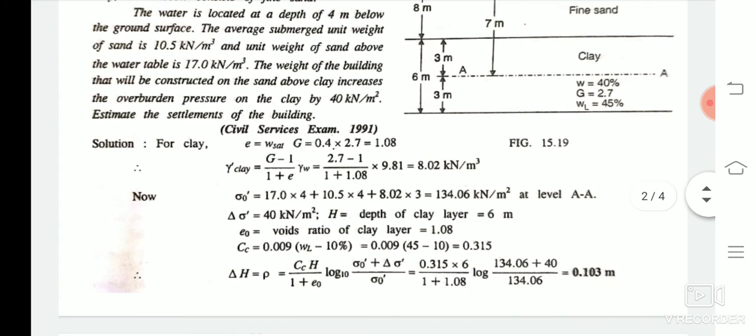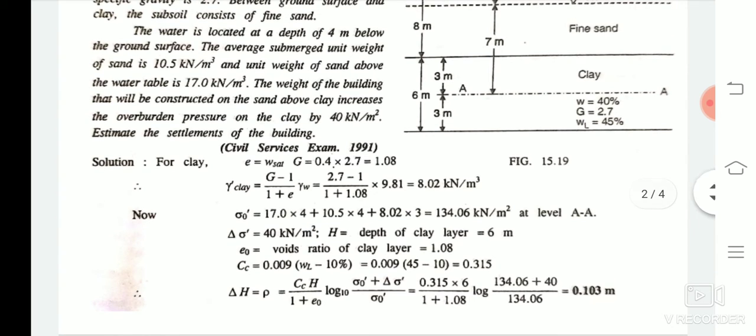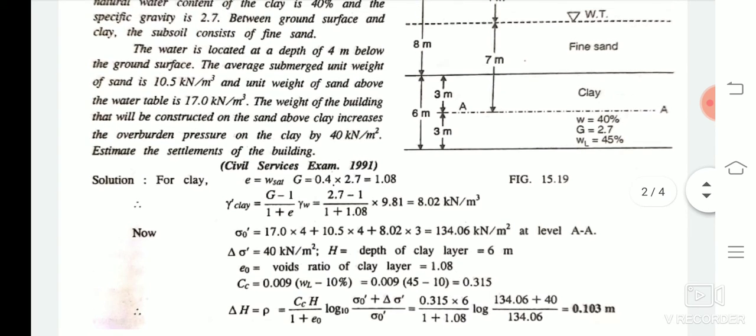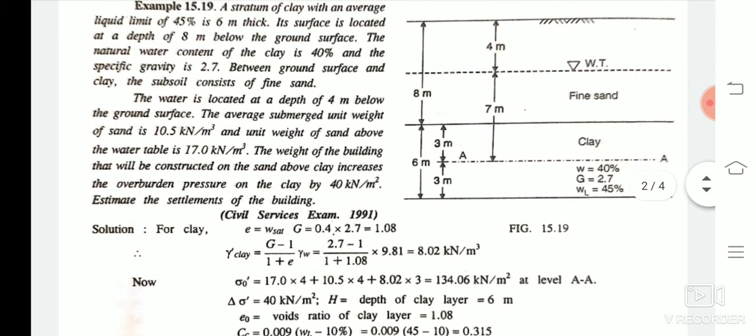Hence, what is the pressure that is being created on the soil due to its own overburden? In the clay layer, the settlement has to be found out in the middle of the clay layer. Hence, we can easily find it by multiplying the respective unit weight of the soil with its depth. For the first layer, the unit weight is 17 kilonewton per meter cube and the depth of the soil is 4 meter.